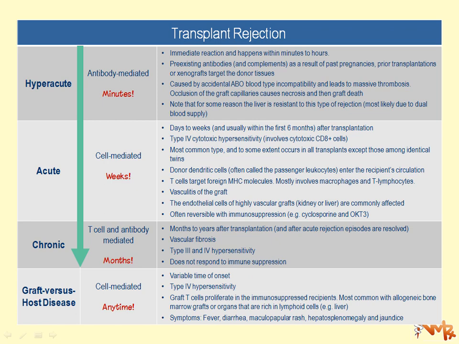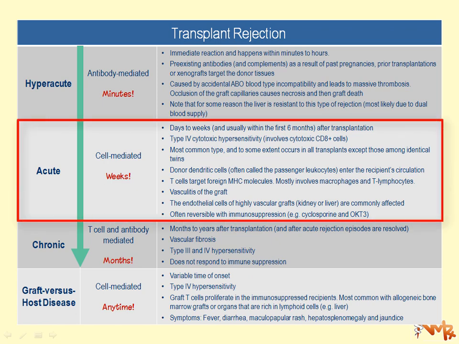It may be caused by accidental ABO blood type incompatibility, and this condition leads to massive thrombosis, occlusion of the graft capillaries, and causes necrosis and death of the graft. I want you to note that for some reason the liver is resistant to this type of rejection, most likely due to the dual blood supply that it has, and it will keep nourishing the organ.